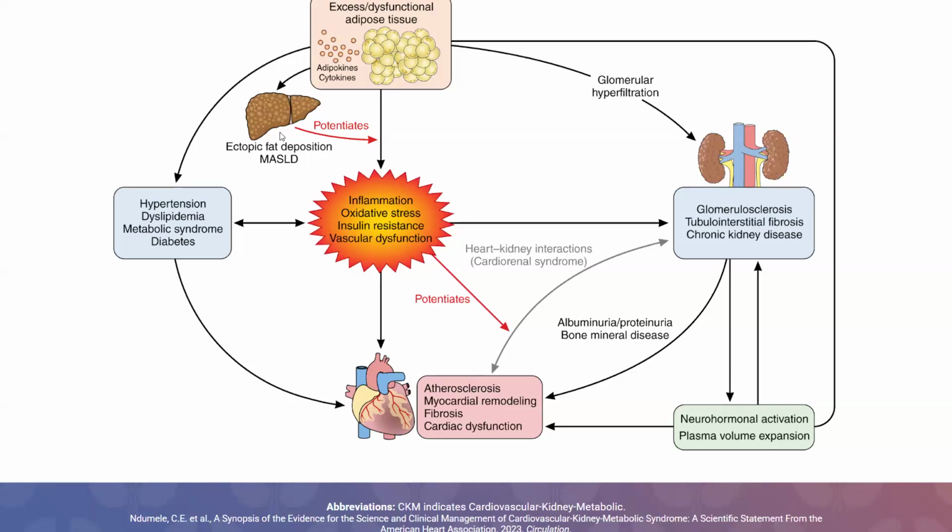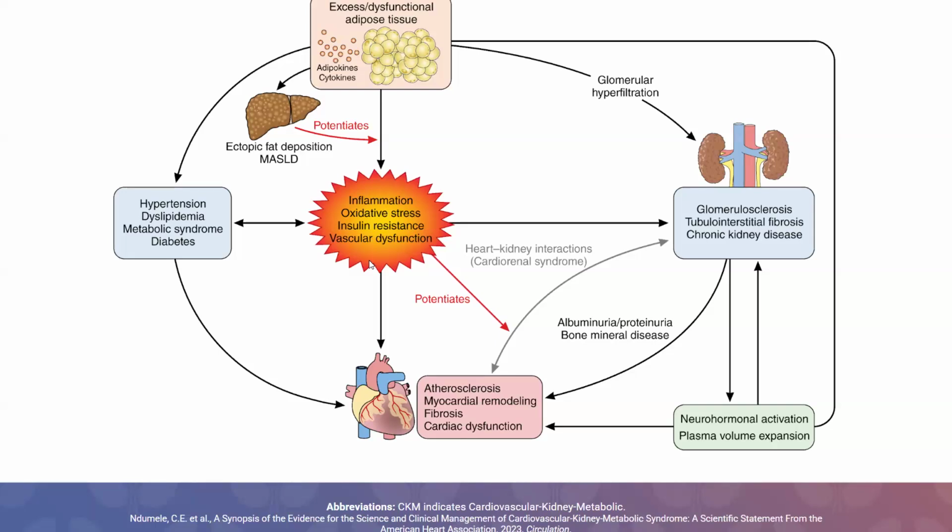The orange accentuated phenomena, inflammation, oxidative stress, insulin resistance, and vascular dysfunction really is the syndrome or the underlying pathobiology. And the other things, just having visceral obesity can lead to hypertension, dyslipidemia, metabolic syndrome, and diabetes through the cytokine mechanism, and then affect end organs such as the heart and the vasculature.